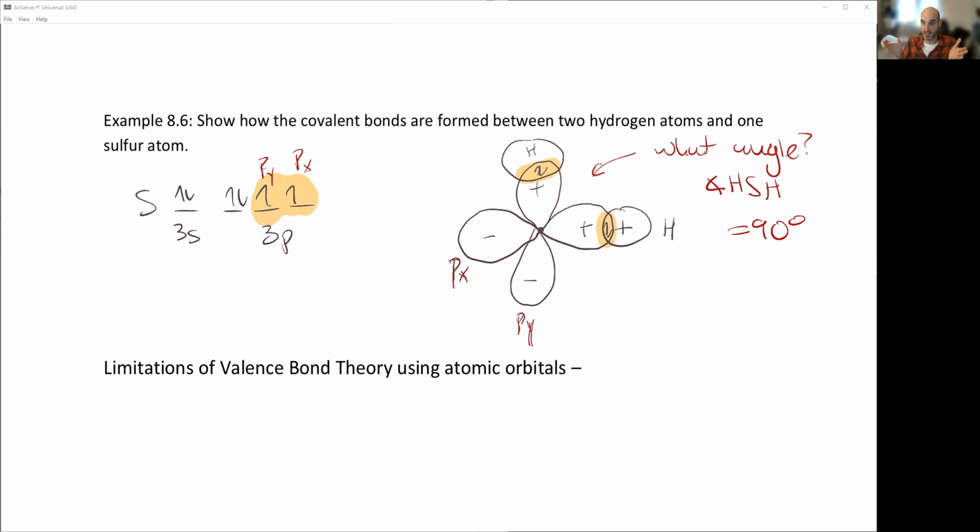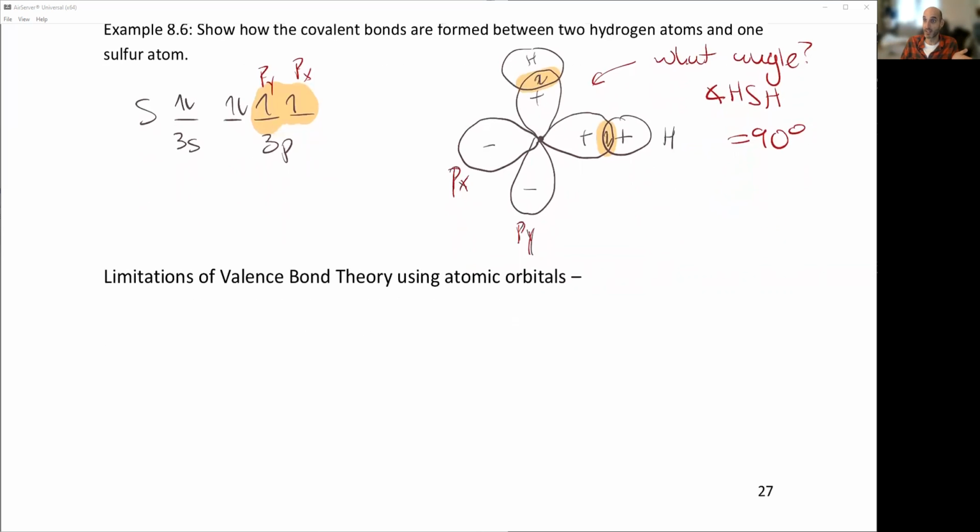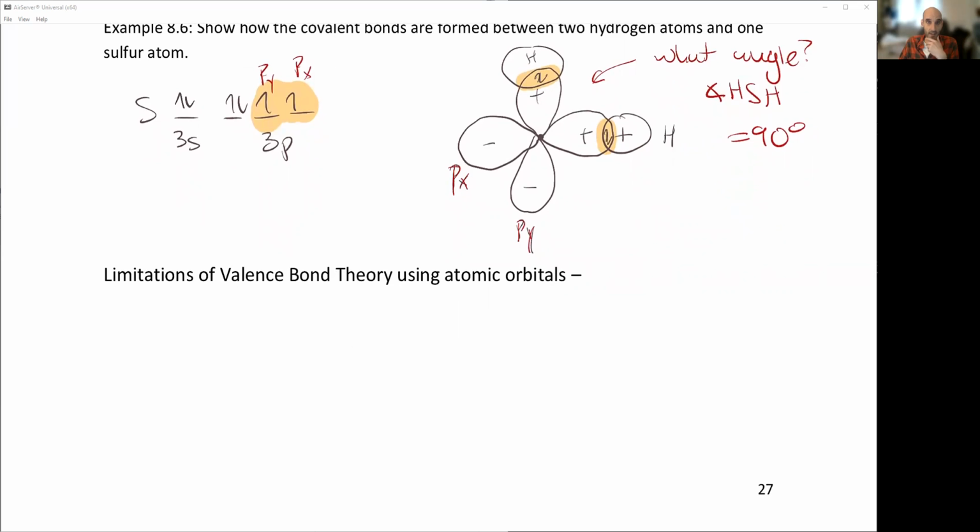So if that bond is 90 degrees, we should see that in the material that we have. What we find out experimentally is that the bond angle is less than 109.5 degrees. So it's not 90, it's close to a tetrahedron.